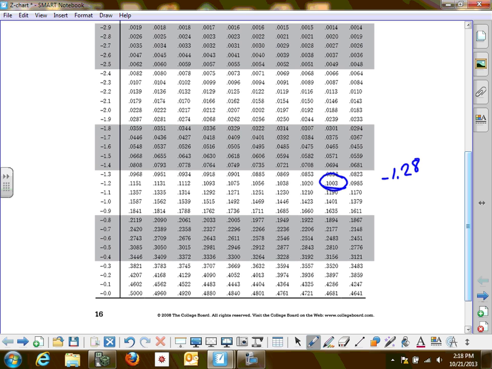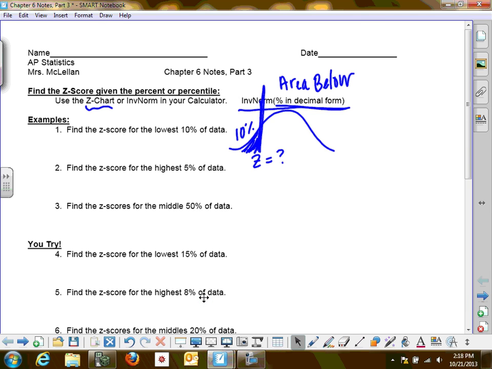But if we want to do this problem in our calculator, then we're going to do inverse norm, so it's going backwards, and you put 0.10 or 0.1 in there. So you're putting the area below that z-score in there.